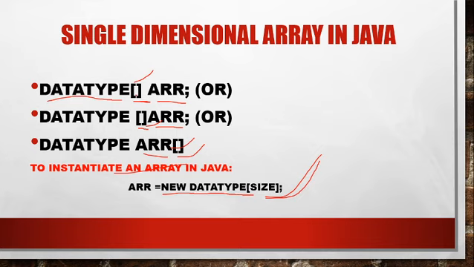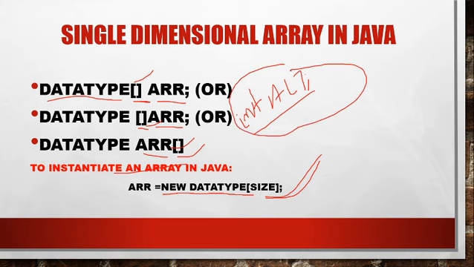If you declare it like this, int a, in this array we can store multiple values because the size is not fixed here. How many values you want, you can store here. But if we give size 10, 20, 30, that means you are going to store that many values only: 10 values only, 20 values only.